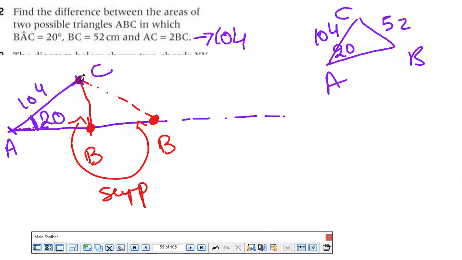So you take your compass here and you draw a circle like this of radius 52, and you see that the circle will cut this side in 2 points. So I have two B's, and those two B's are supplementary. So I will first work with the triangle ACB, as I said. Once I find B, I can calculate the other by doing 180 minus it, and I will have two triangles, and I will have two areas.